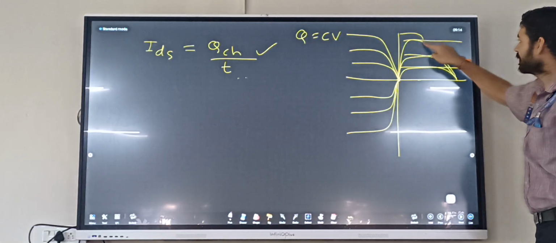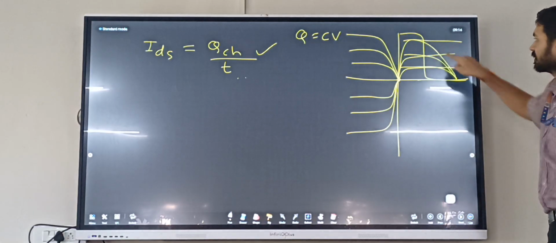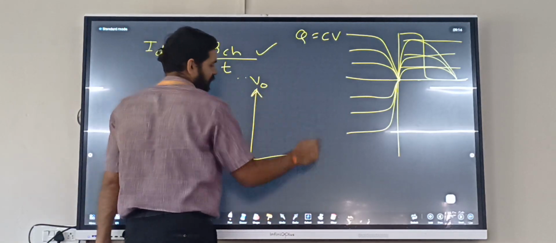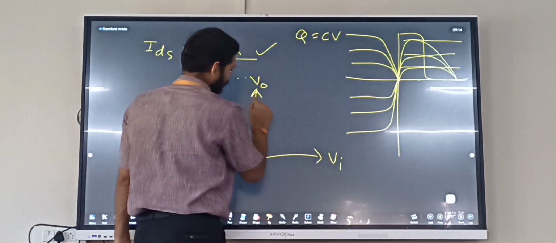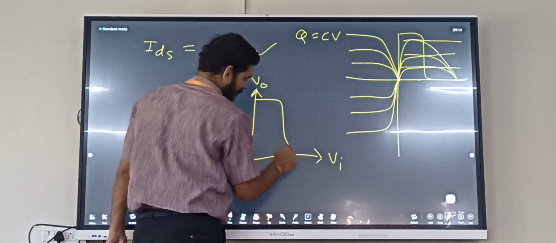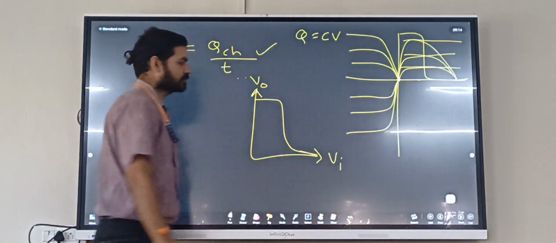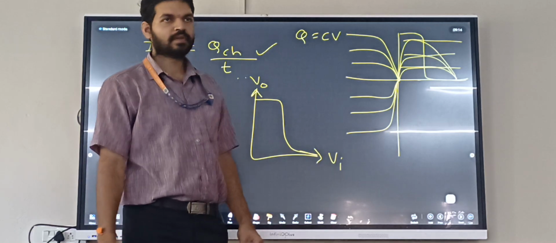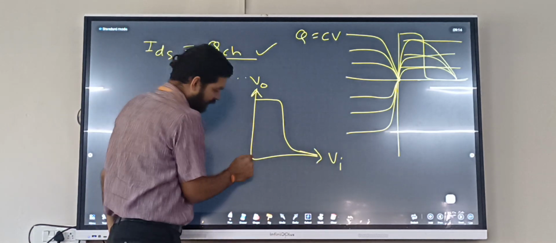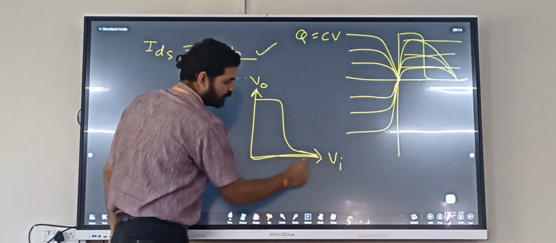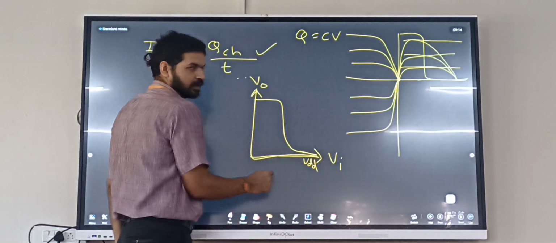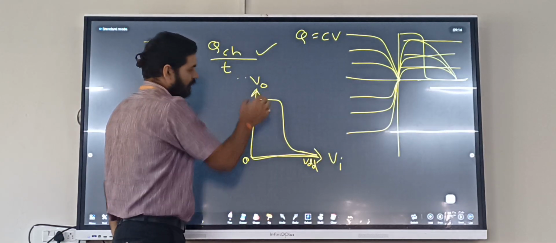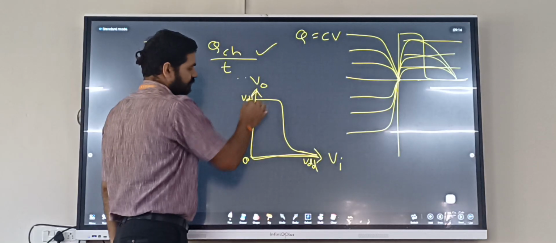And then we take the intersection points. And finally we arrive at the graph of V0 versus Vi, which is in this way. What this graph tells us is, Vi is initially 0, and the output is VDD.